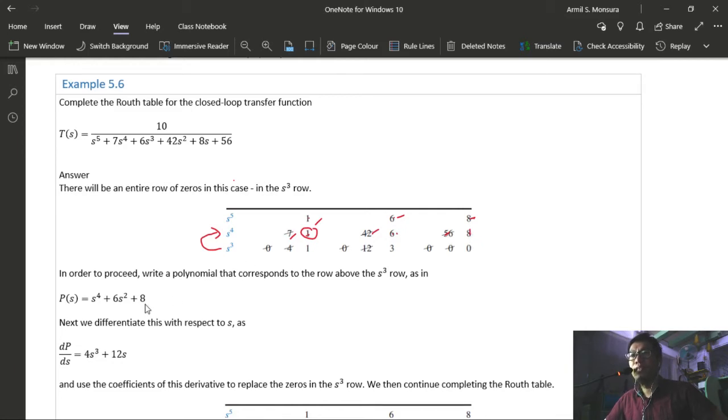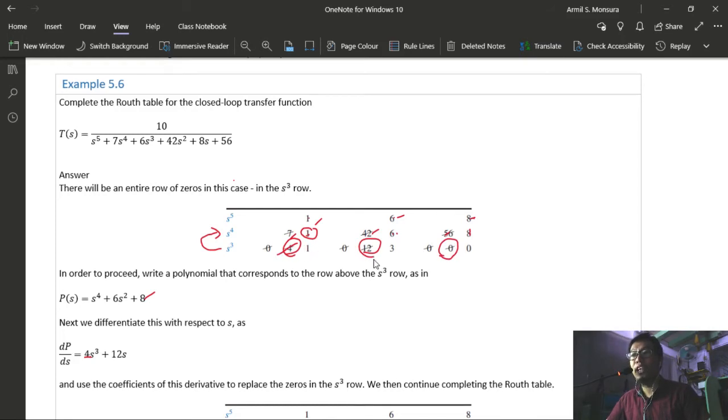Okay, so here it is. Now, what we will do from there, once we have that, is differentiate this one. The derivative with respect to s is 4s cubed plus 12s. So the 4s cubed plus 12s, those coefficients, the 4 and the 12, are what we will substitute there. And of course, here 0. But since the 4 and the 12 are divisible by 4, we divide them by 4.